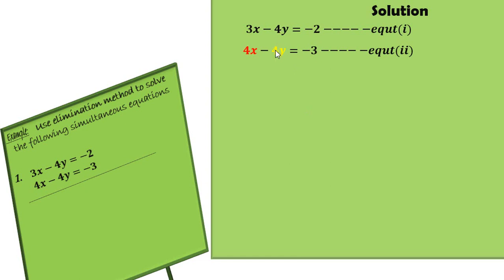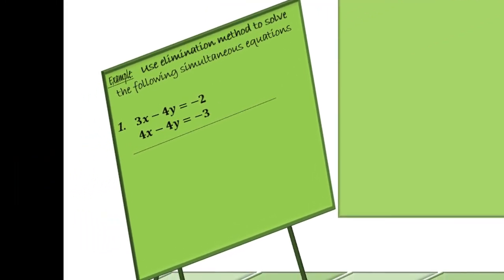The coefficient of y in equation 2 is 4. So the coefficient of y in both equations is the same, 4 and 4. It is this type of variable you eliminate, because you can easily eliminate it. Are you getting it? Because the coefficients are the same.